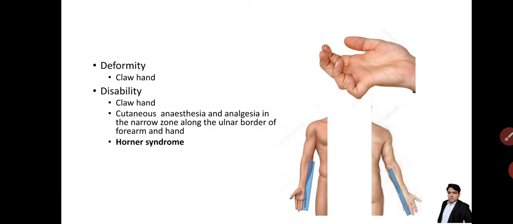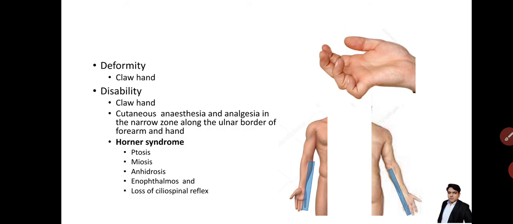Then Horner's syndrome, because of the involvement of the sympathetic system, which is related with T1. The features are ptosis, miosis, anhidrosis, enophthalmos, and loss of ciliospinal reflex.